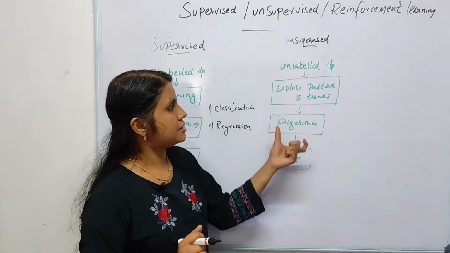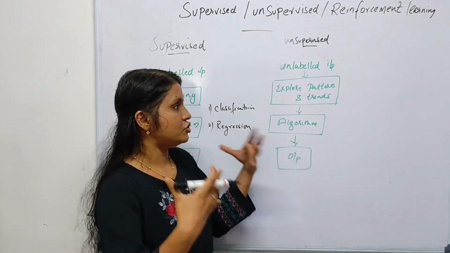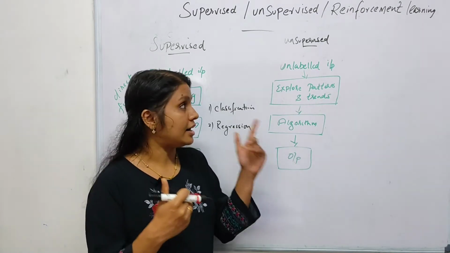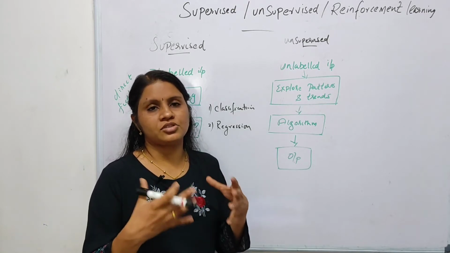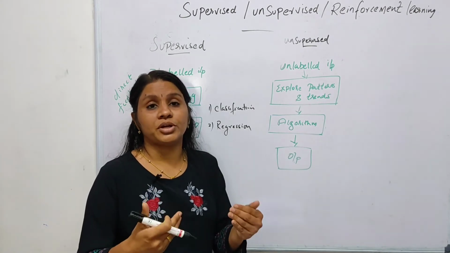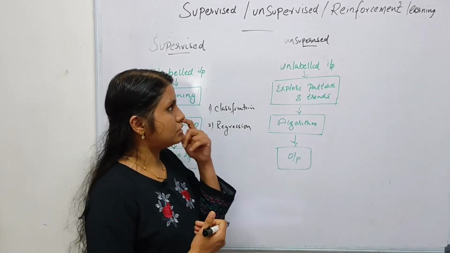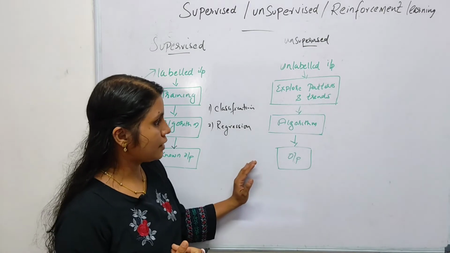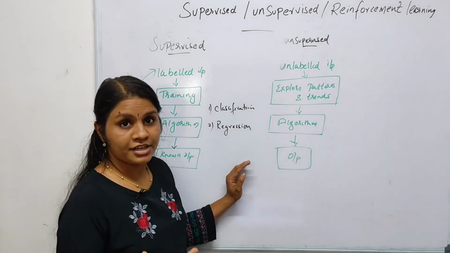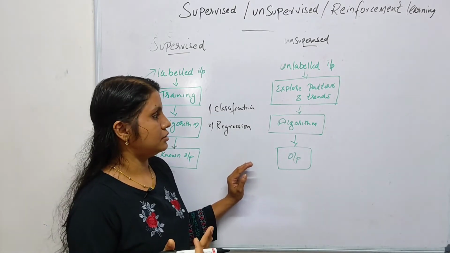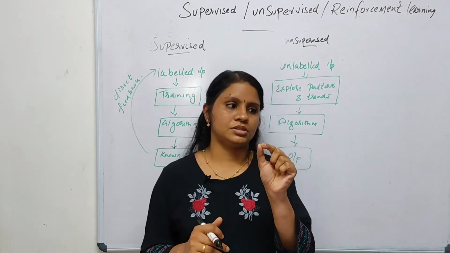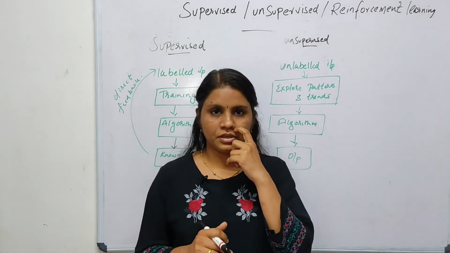So you are exploring the patterns and trends in the unlabeled input data, trying to find several patterns. Based on the patterns you are generating the output. Basically, in unsupervised learning, the algorithms we are using include neural networks and so on.